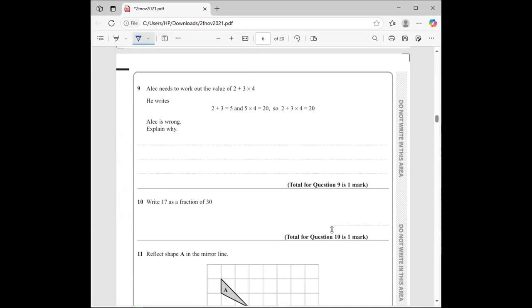Write 17 as a fraction of 30. Okay, so for this one, it's very simple. 17 as a fraction of 30 is simply 17 divided by 30, nothing else. And nobody is going to ask you to give them the value in decimal. Just leave it like that.